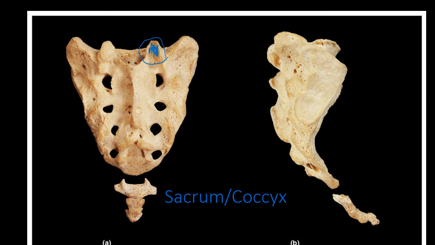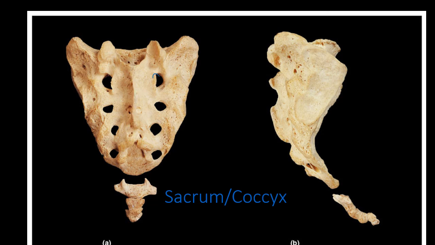We have a ridge here that runs along the back. This used to be all of the spinous processes of the sacral vertebrae, but since they fused, we now have what's called the median sacral crest. And that runs right along the center there.